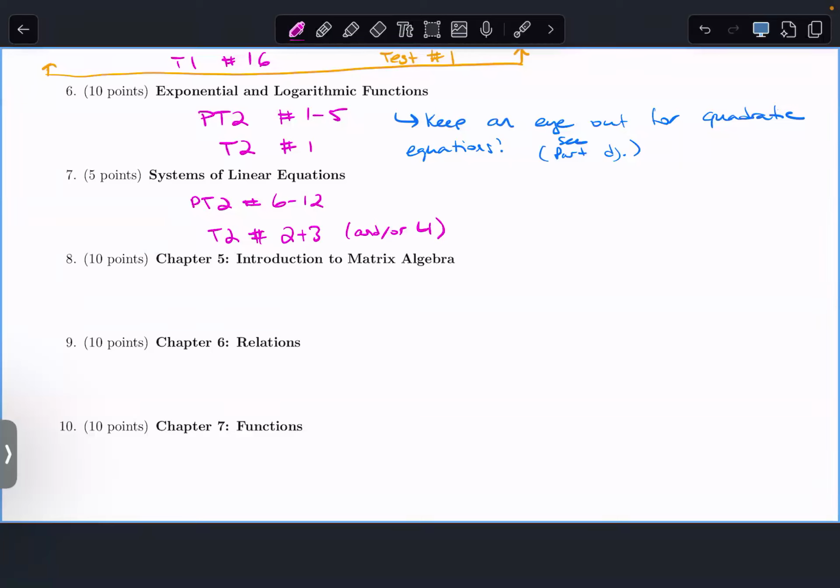I think the easiest thing would be to set them up as a matrix, and so that would lump them into the next section of matrix algebra. But you could have used substitution or elimination. That's totally fine. And so that's how they're connected, right? And so, we also threw in some absolute value functions in the systems of linear equations, right? Maybe finding the horizontal intercepts of an absolute value function, right? And so we did that on the test.